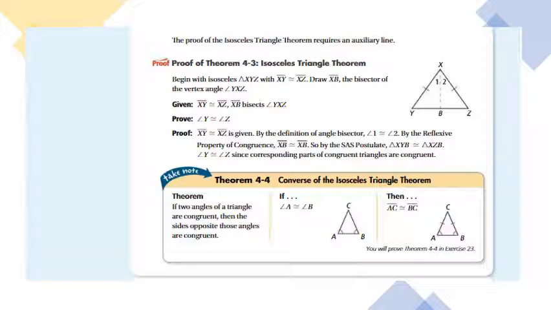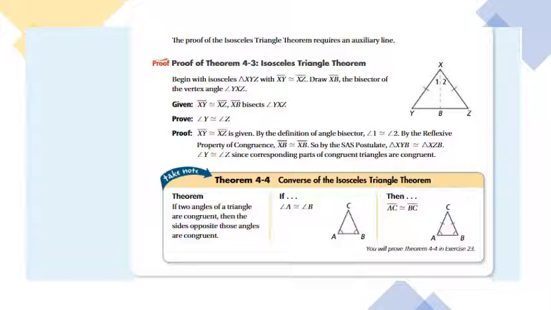So they ask us to prove that angle Y is congruent to angle Z. I told you always, we start our proof by what? By the given. So this is the given: XY congruent to XZ.